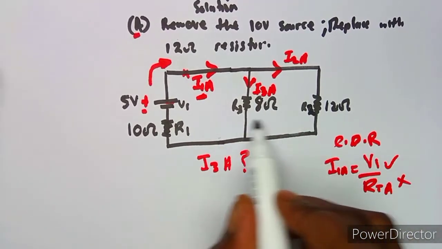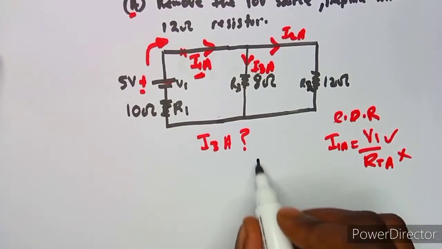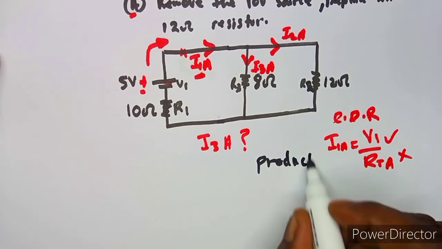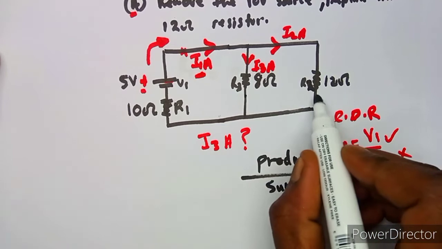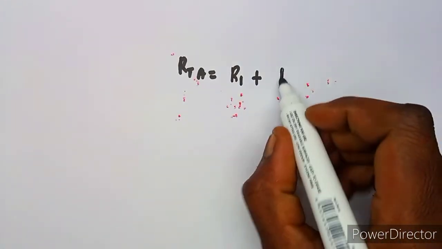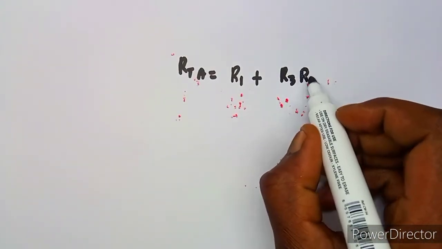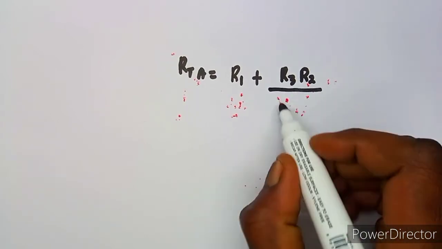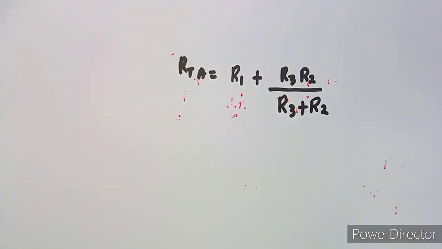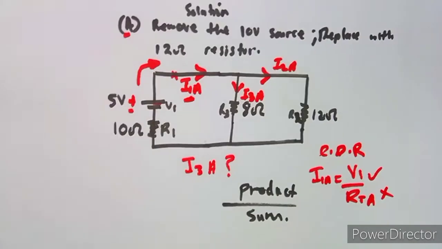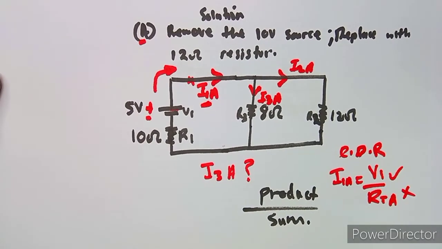So you're going to multiply. Remember, in parallel, you use product over sum for the resistors in parallel. So it's R3 times R2, that is product, over the sum R3 plus R2, like this. All right. So this is what you're going to have at the end.